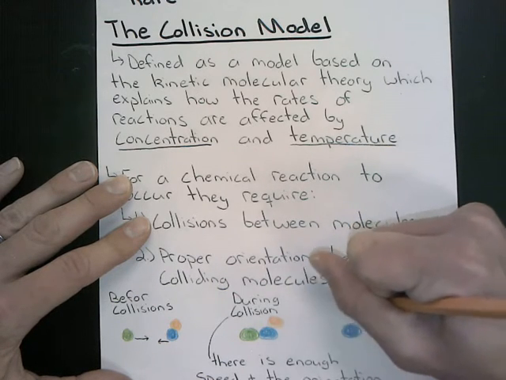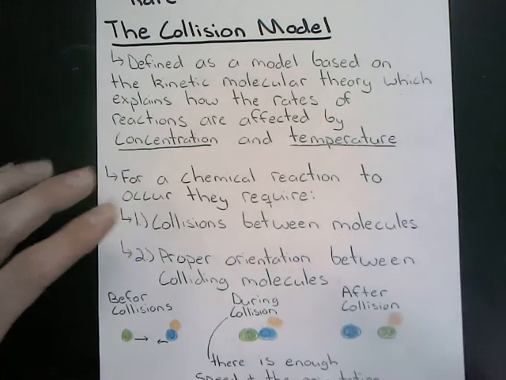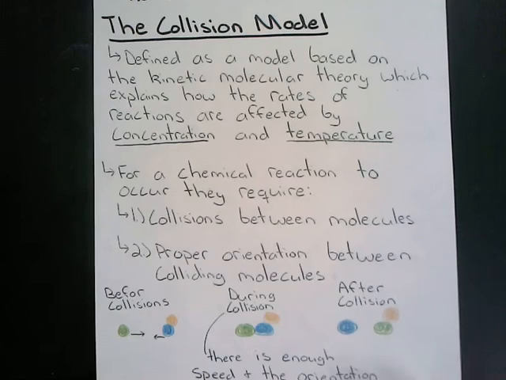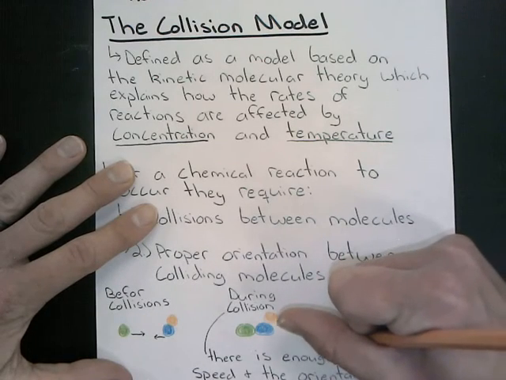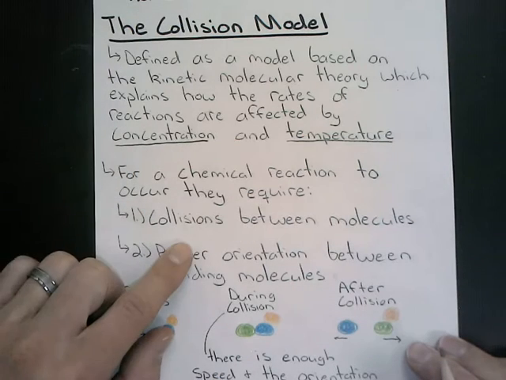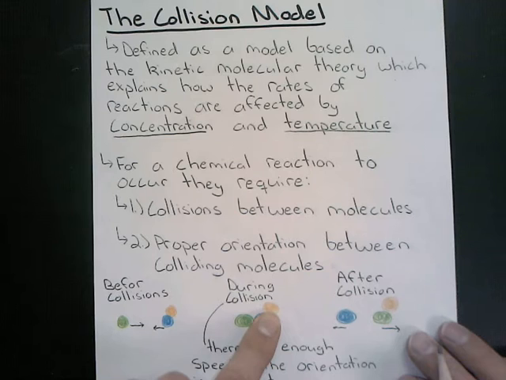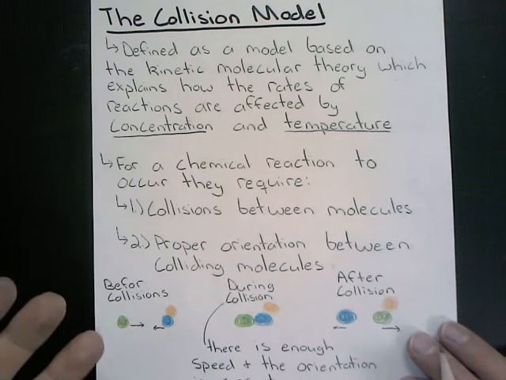So that's what the collision model is saying: we have to have these molecules smack each other, or have collisions with proper speed, and they have to be orientated correctly. So in our example here, maybe if this green molecule smacked the orange molecule, the reaction doesn't happen because there is no proper orientation.